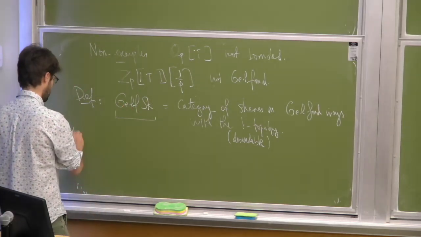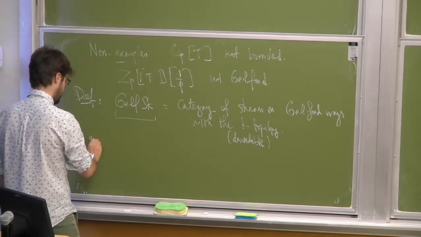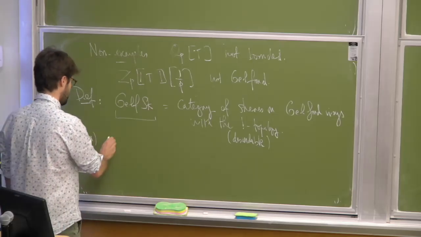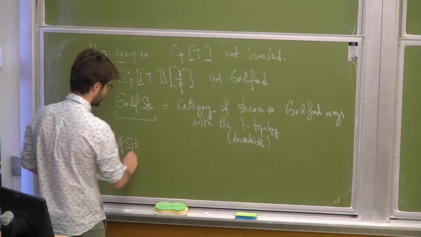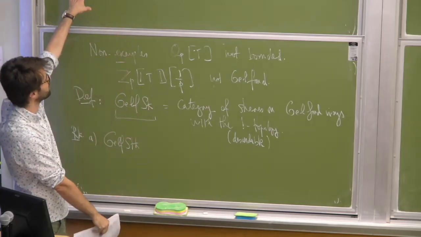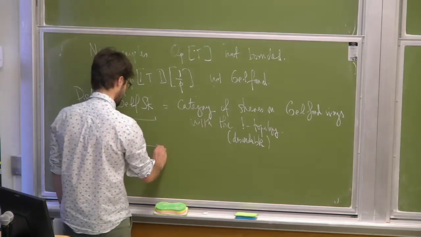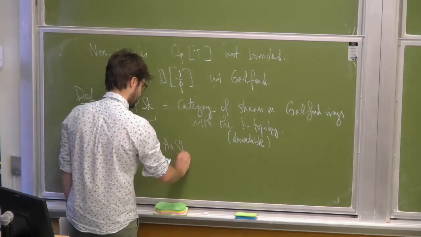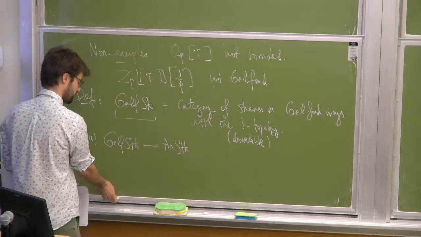And maybe I need to make two remarks about it. The first one is that it is natural to wonder about the relation: I explained what general analytic stacks are, and now I'm introducing another category of stacks. It's not completely clear to me what the exact relation is.